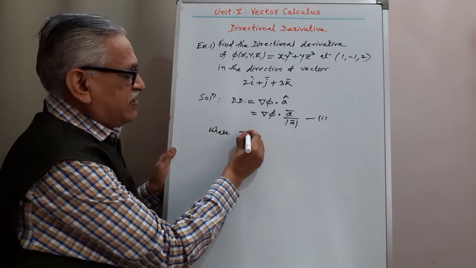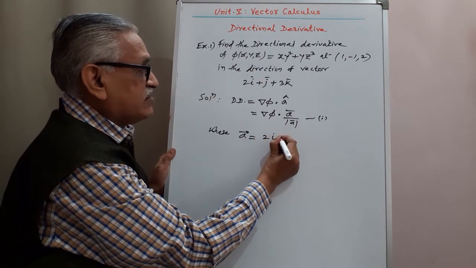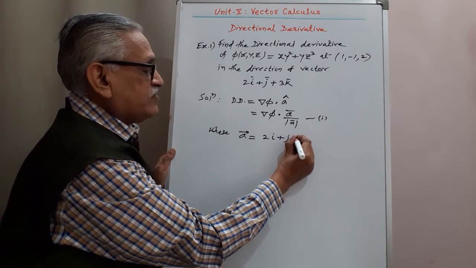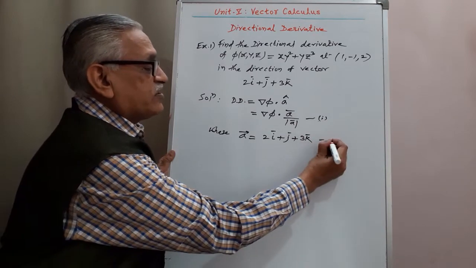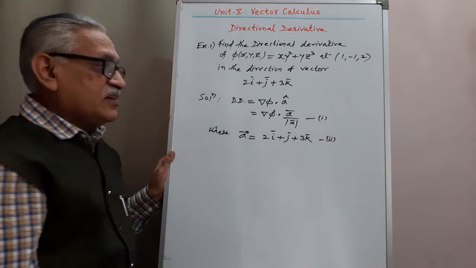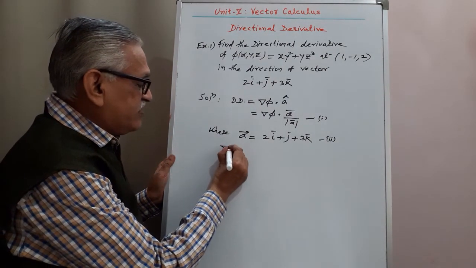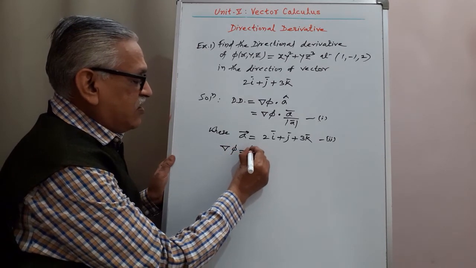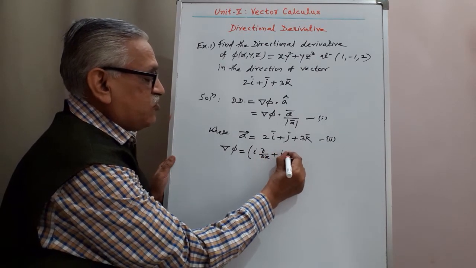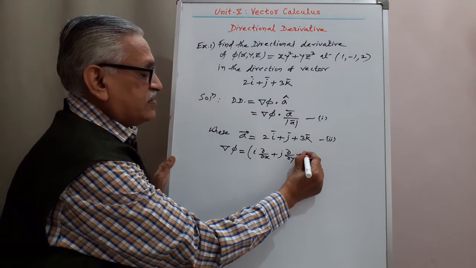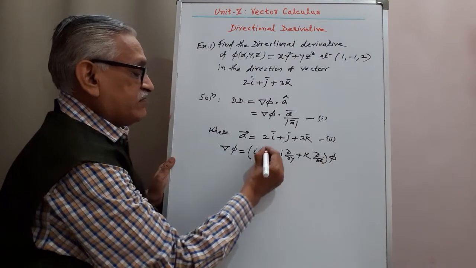where vector a bar is the given vector, and it is 2i plus j plus 3k. We call this equation 2. Another quantity which we require is grad phi. Grad phi is given, as per definition, by the operator i dou by dou x plus j dou by dou y plus k dou by dou z operating on phi.